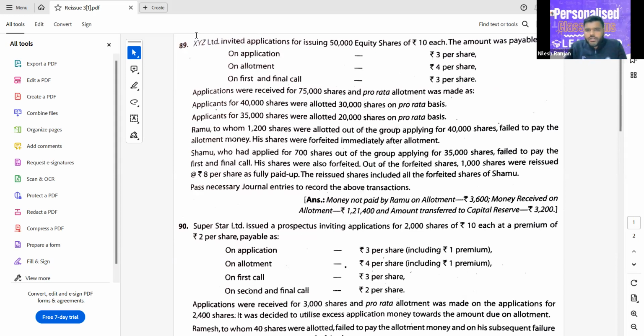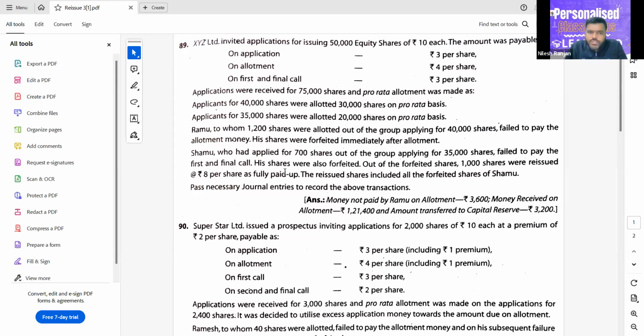So there are different applicants. The names given are Shamu and Ramu. Actually, the allotted share of Ramu is given, and the applied share of Shamu is given.